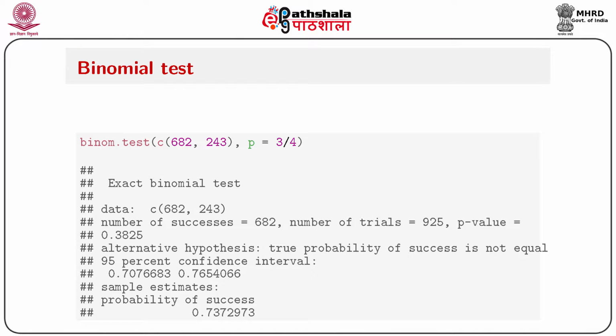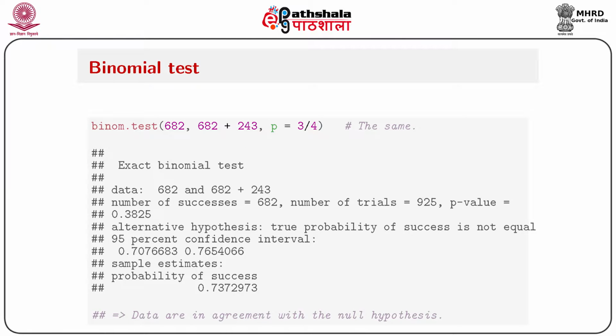So success is 682 and trials is 925, p-value is 0.3825. Alternative hypothesis, true probability of success is not equal to 3/4. The 95% confidence interval is 0.7 to 0.76. The sample estimate of the probability of success is 0.74 if I round it. So that's the information that we'll get from testing this function.